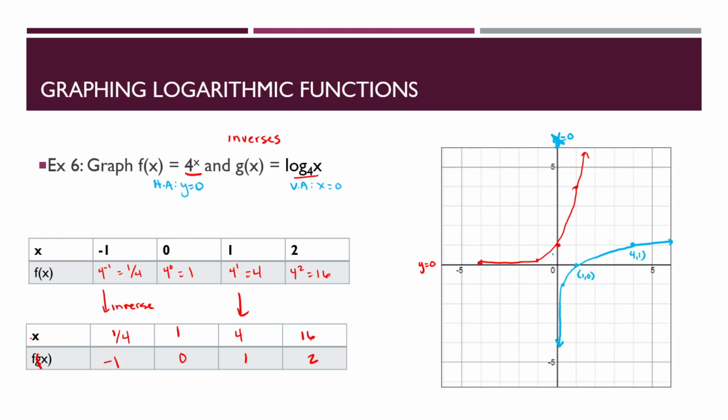Also, I notice because these are inverses, they actually are reflections about the y equals x line. So every point that I found in the exponential flipped to find its corresponding point on the log.